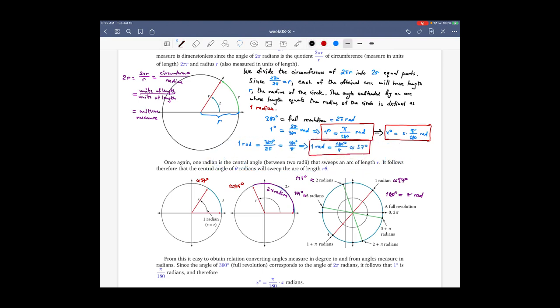And if I multiply this other formula by x, I get that x radians is x times 180 degrees over pi.